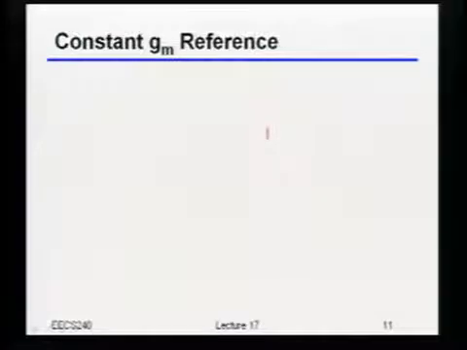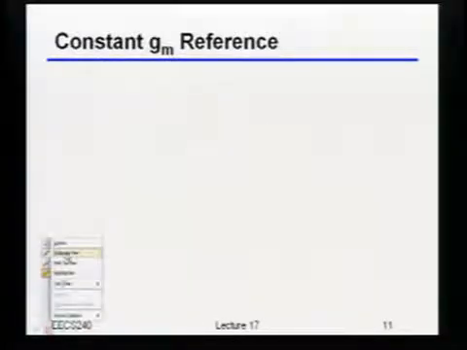But in many cases, that's not what you care about. Sometimes what you care about more is how you get a constant GM, because GM is usually the thing that sets a lot of the performance characteristics we care about. That's one of the most common and interesting references that people are interested in, so let's see how we might do something like that.